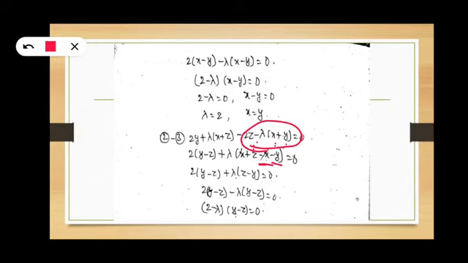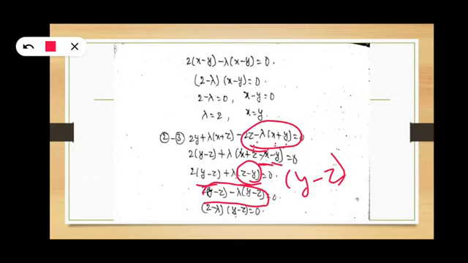If we take a minus common in these two terms, then we get y minus z. So we have 2 into y minus z minus lambda into y minus z is equal to 0. Here y minus z is common in both, so we take y minus z common, then we get 2 minus lambda into y minus z is equal to 0.